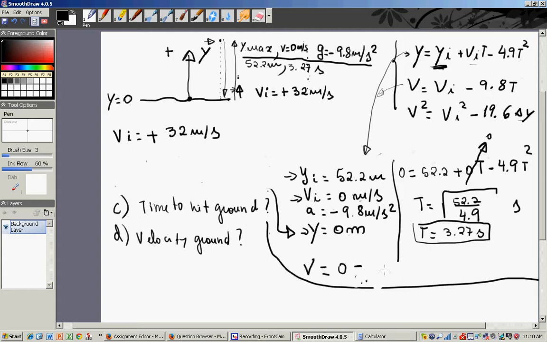This is my initial velocity, that's my final position, and then I can get the final velocity v. I'm going to use my second equation: v is equal to initial velocity minus 9.8 times the time we just calculated, and then we can get our velocity. Our velocity, as you can see by the sign, will have a negative sign.